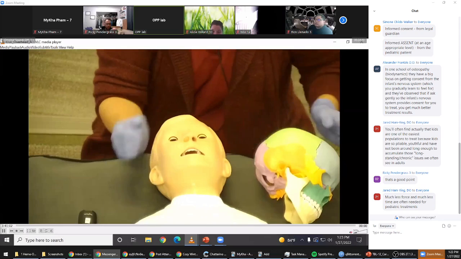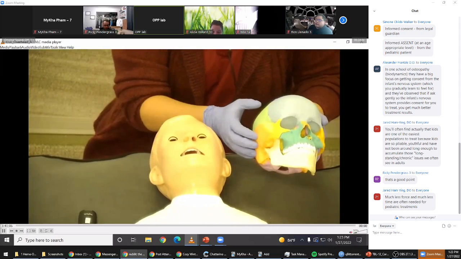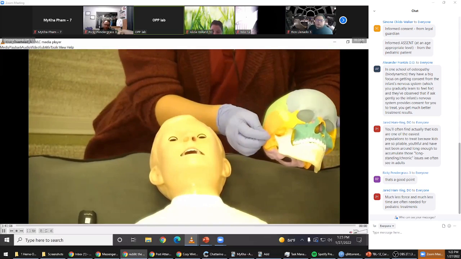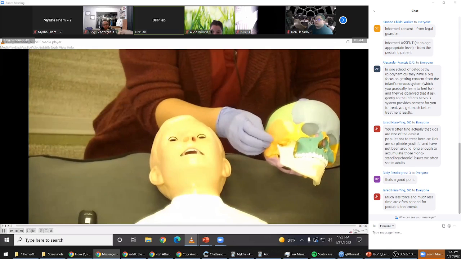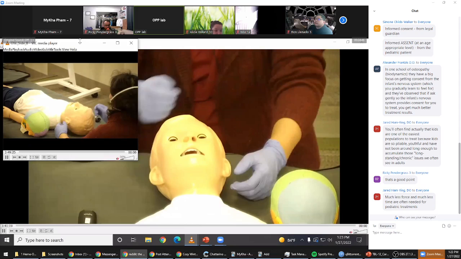So in order to affect the temporal bone, you're going to use a lever, a short lever of the ear cartilage in order to affect this particular motion and drainage.